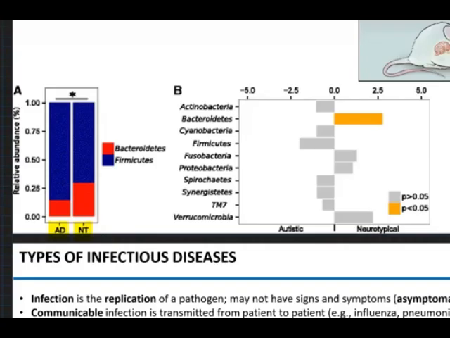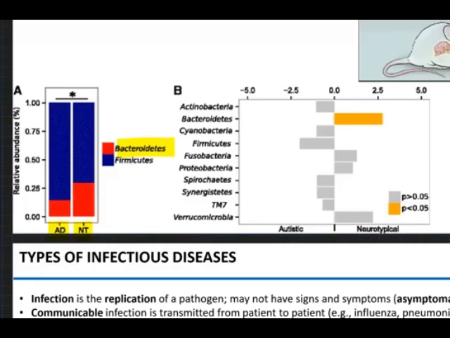Okay, do you follow? And they found that in people who are normotypical, the percentage of those bacteroides is greater than in people on autism spectrum. By the way, bacteroides are the ones that are associated with low-carb, high-protein, high-fat diet.